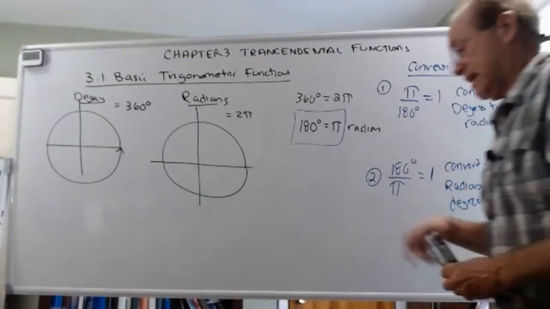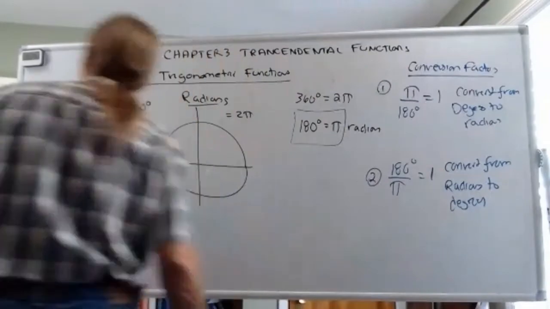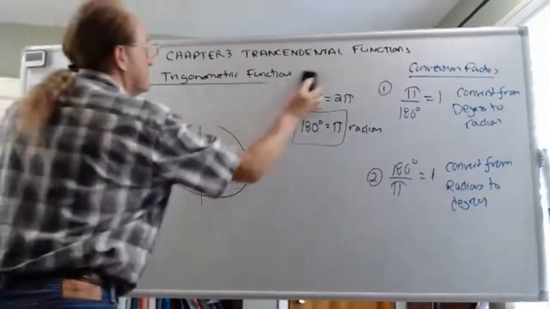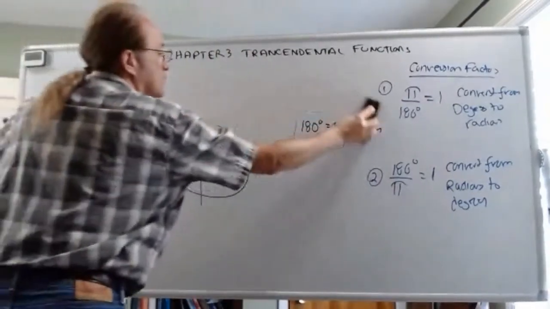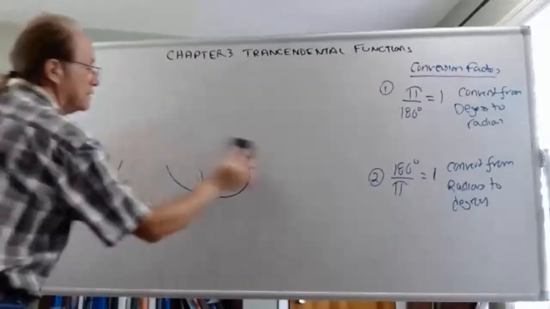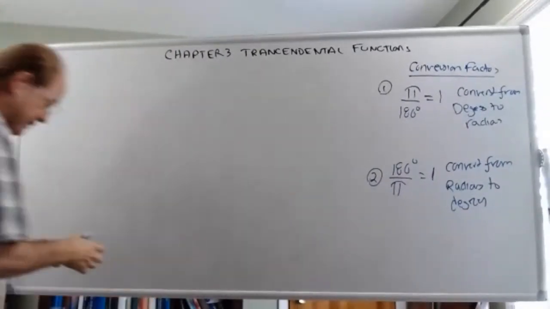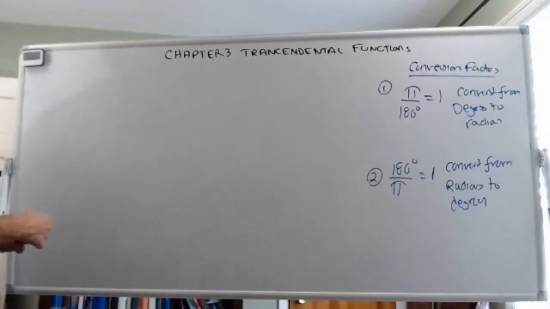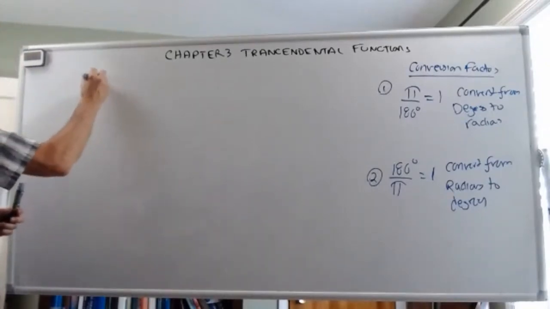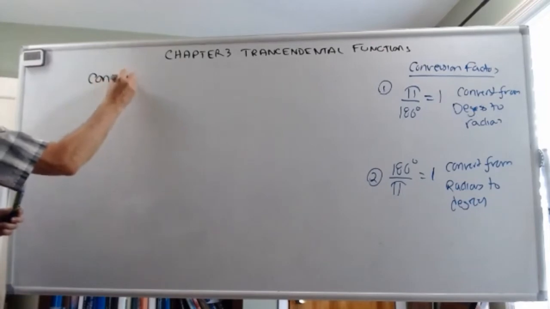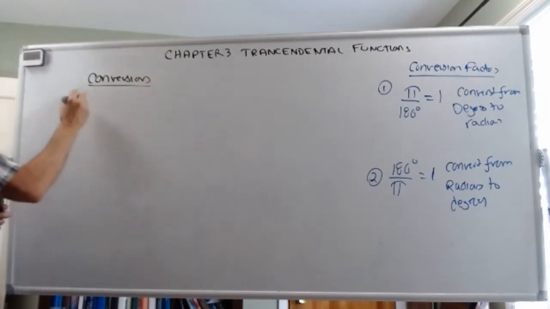Okay, so let's see how we do some basic conversions. Say, for example, I have an angle in degrees.